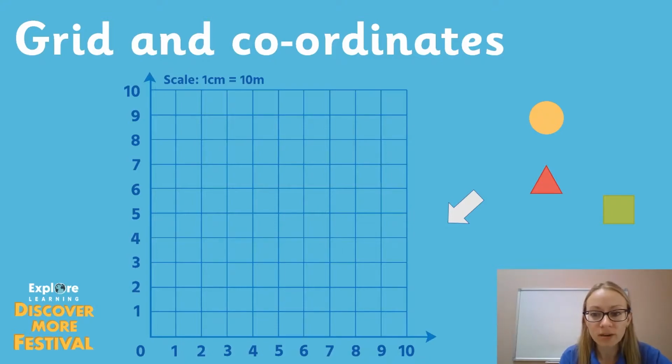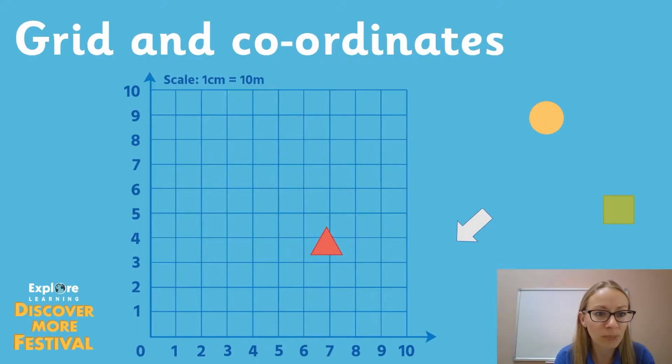To find a point on the map, we first of all read along the x-axis, so this one here, and then we're going to read along the y-axis to give a second number for the y coordinate. Okay, let's put this into practice. So for example, I want to find the coordinate of this triangle.